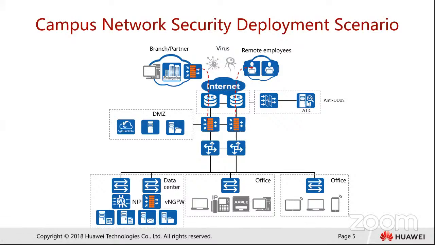Want to look at the router here. I want to look at some of the architecture and the deployment scenarios. This is a typical campus or enterprise network security deployment scenario.